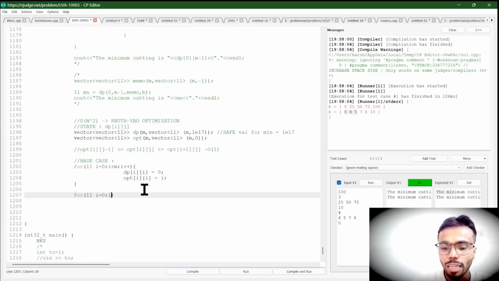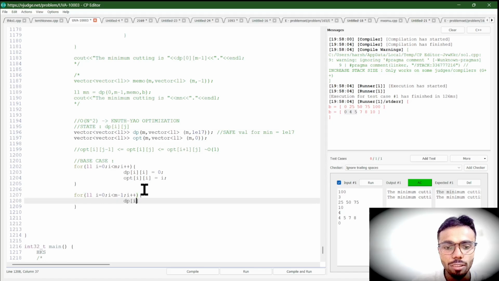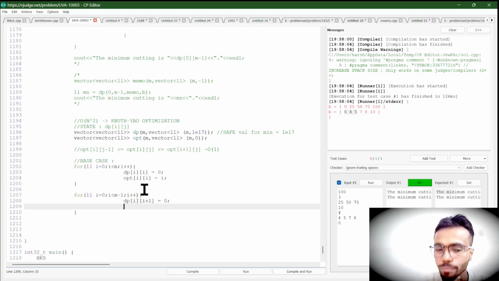But what about the optimal split search point K? I can either take it as I, or I can take it as I plus 1.